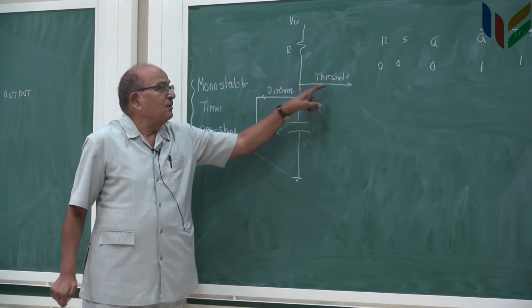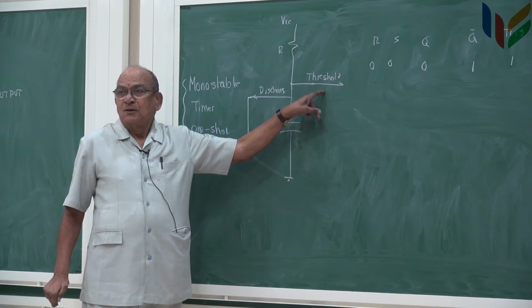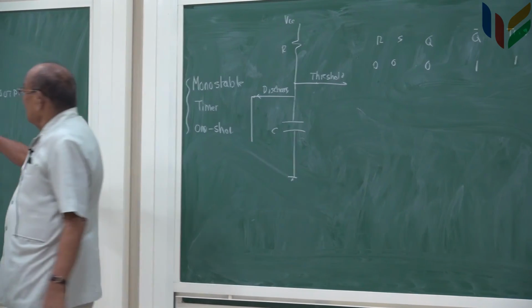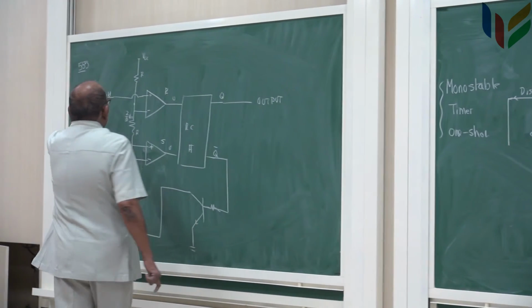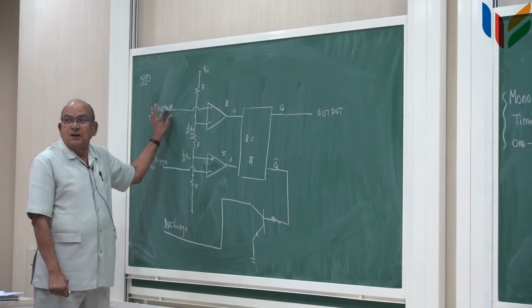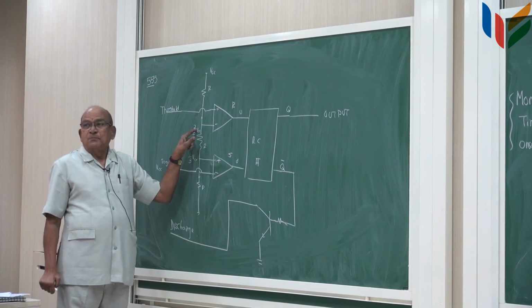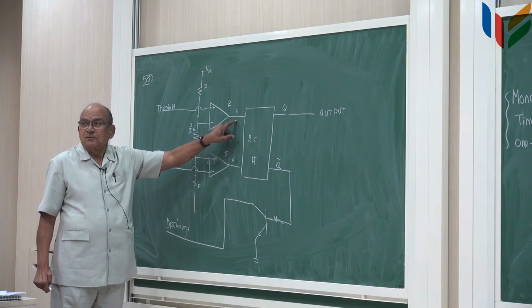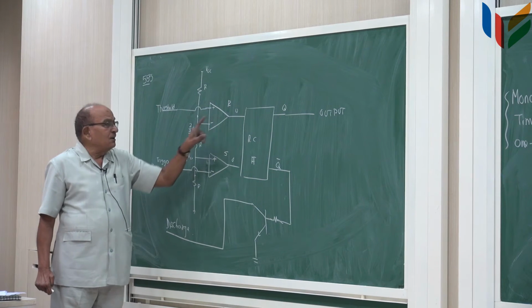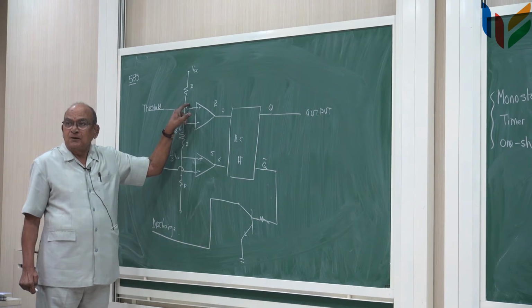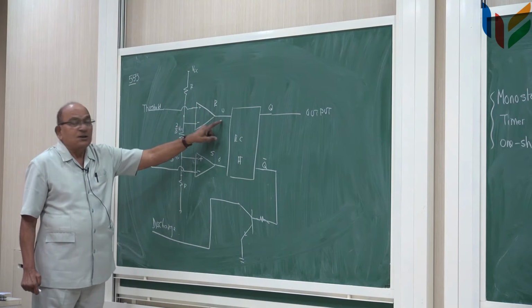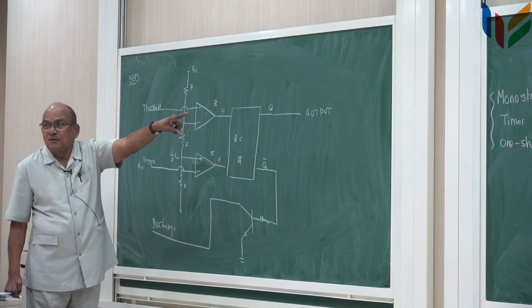The same terminal is going to the threshold terminal, so threshold is sitting at 0. Now, look at this circuit. If threshold is sitting at 0 and this is connected to 2/3 VCC, this must sit at 0, because this is sitting at a higher voltage compared to this. So this sits at 0, all terminals sit at 0.